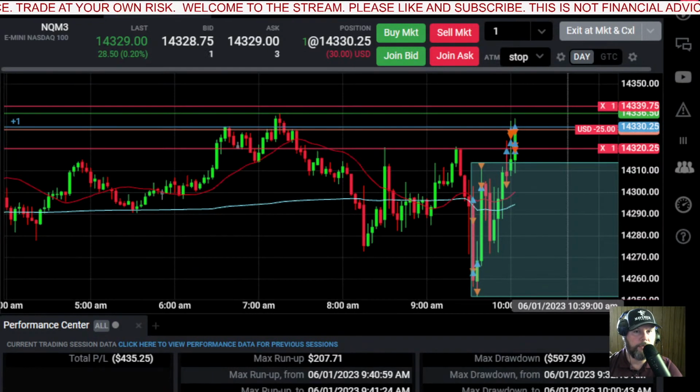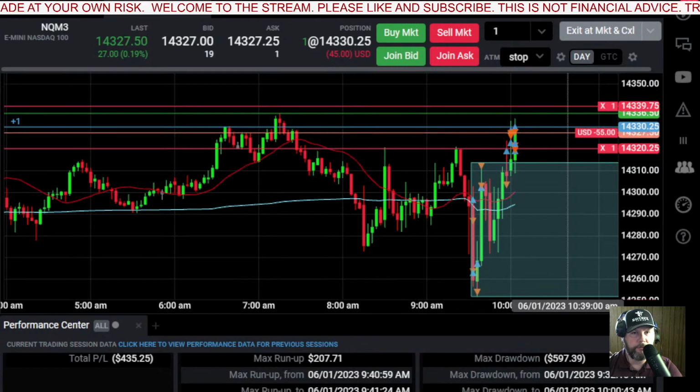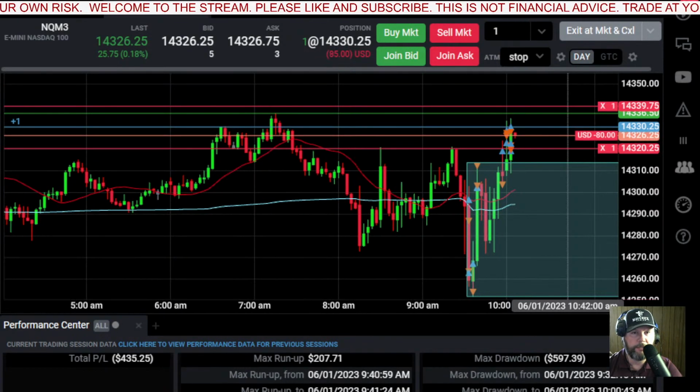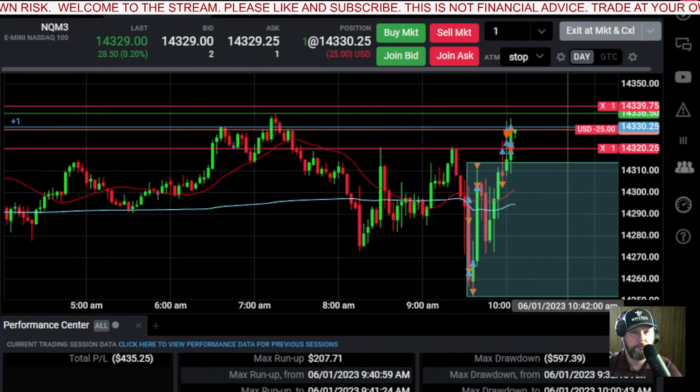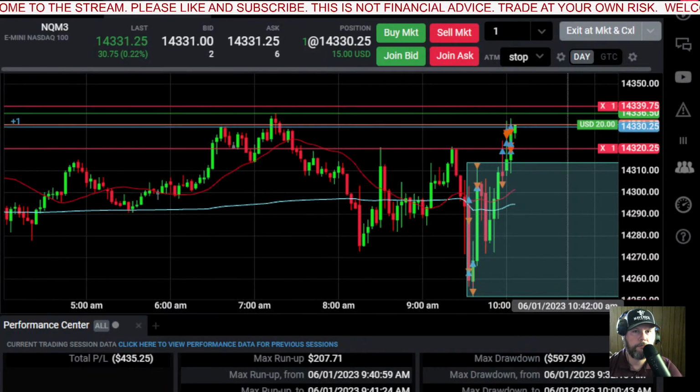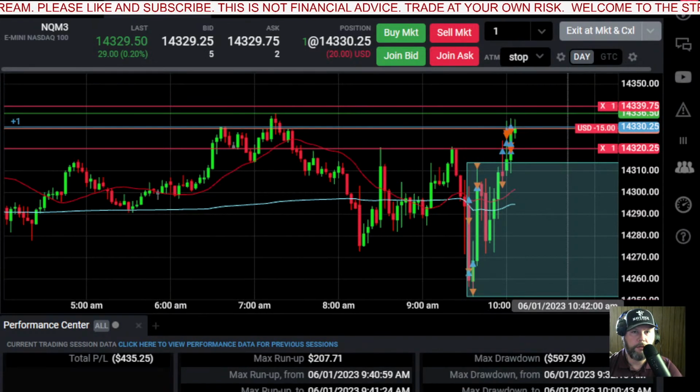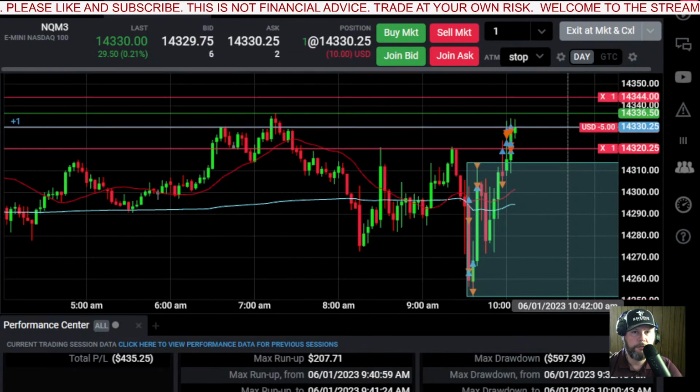I mean, I don't see any way that we don't take out this 36 level, so I am trying to be a little more patient here, but this might come back and stop us out. I actually may even move this up here to 44, because if we break through there, I think that we would move on up maybe even to the 50 level.